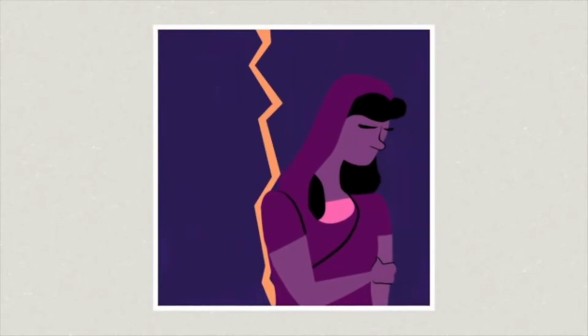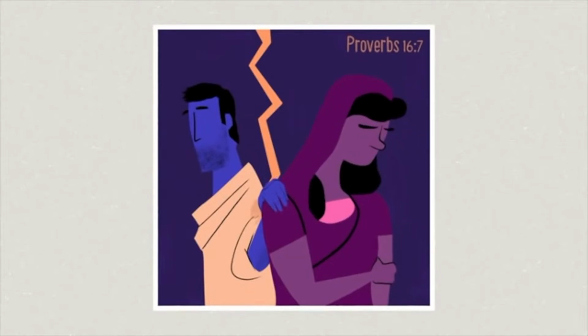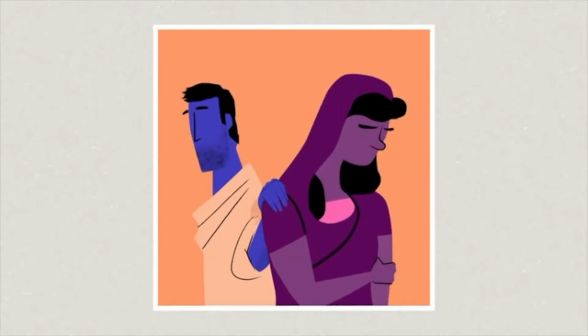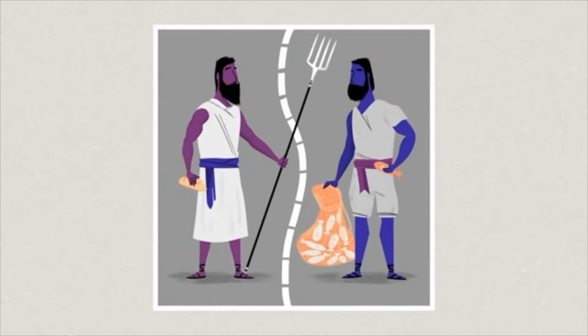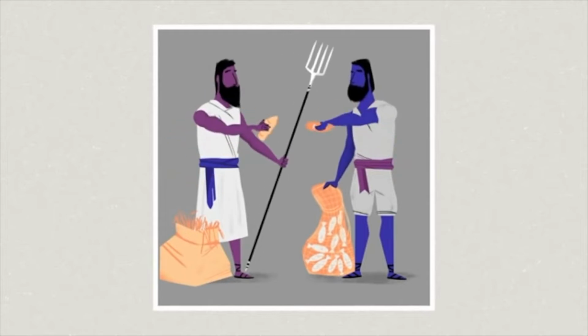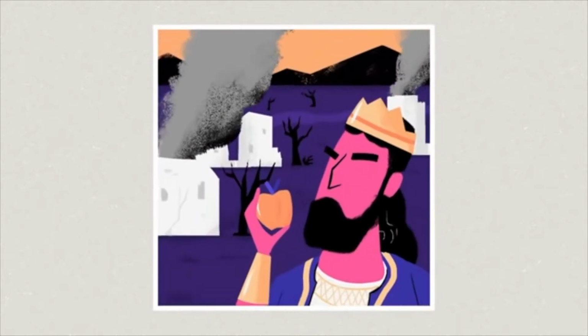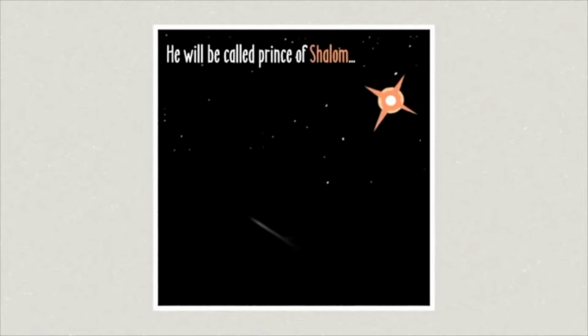The same goes for human relationships. In the book of Proverbs, to reconcile and heal a broken relationship is to bring shalom. And when rival kingdoms make shalom in the Bible, it doesn't just mean they stop fighting, it also means they start working together for each other's benefit. This state of shalom is what Israel's kings were supposed to cultivate, and it rarely happened. So the prophet Isaiah, he looked forward to a future king, a prince of shalom. And his reign would bring shalom with no end.